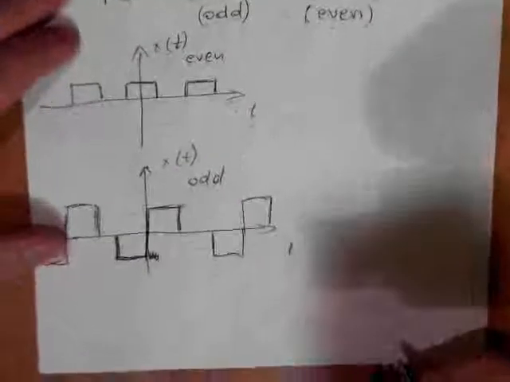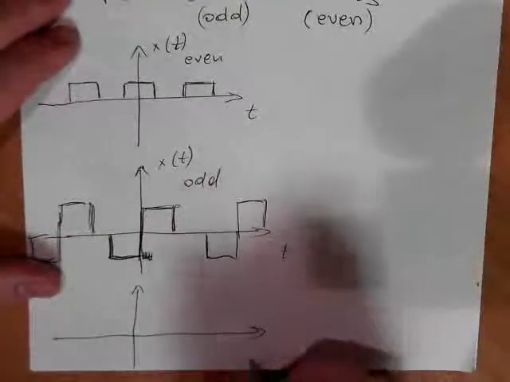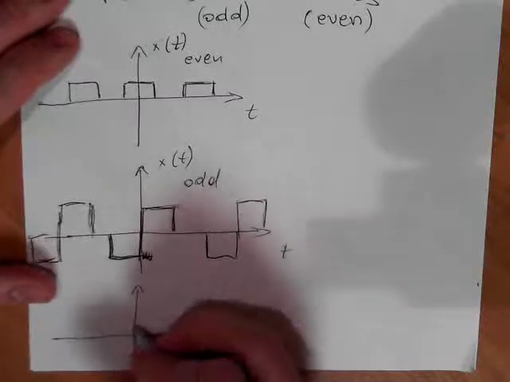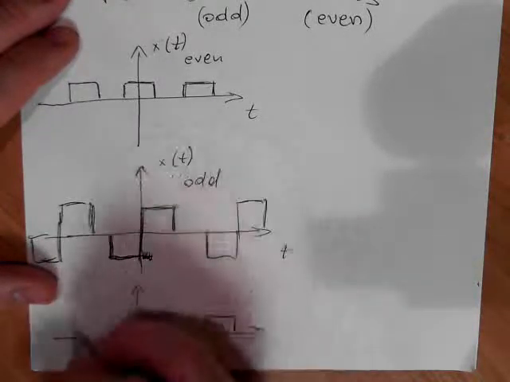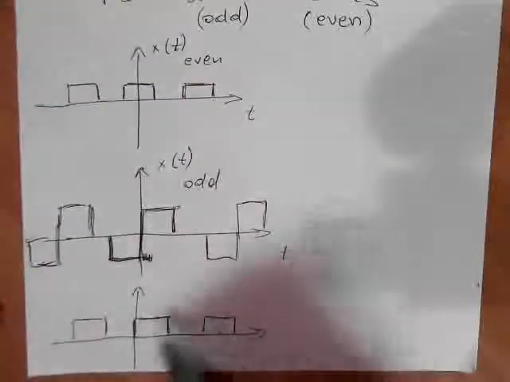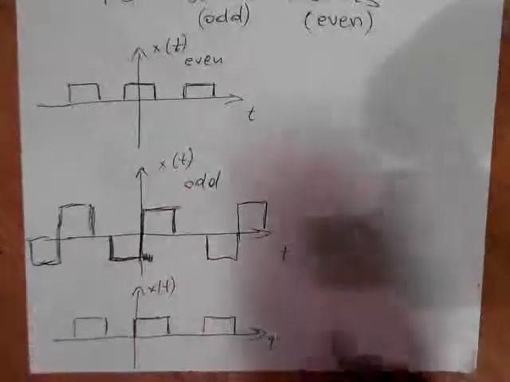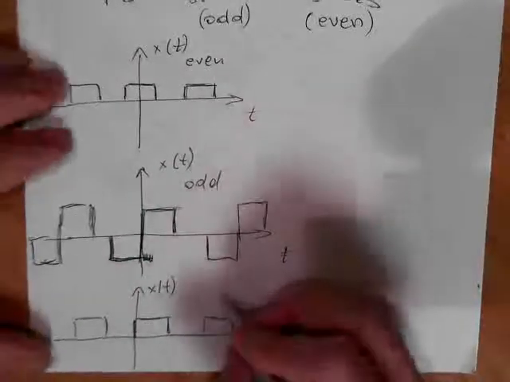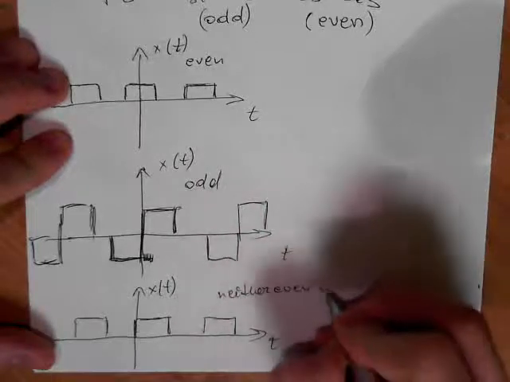Now the third is if we have this signal, but it's not a reflection with respect to the y-axis. So this signal is neither even nor odd.